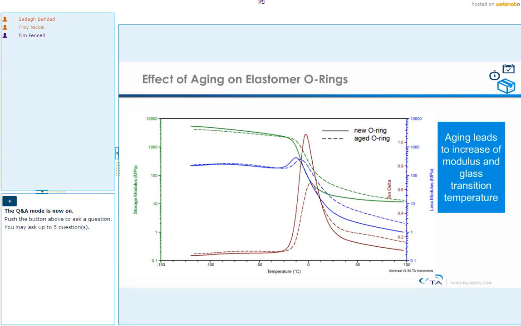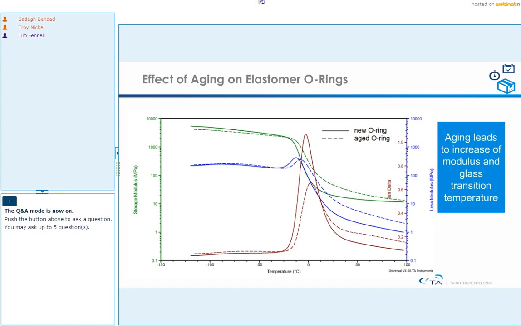Because the curing is still progressing in your sample when it's new. And as it goes on, you create more cross-linking points. So that shifts your TG to a higher temperature and your modulus to a higher value. You can see that both storage modulus and loss modulus are almost doubled in the aged sample.